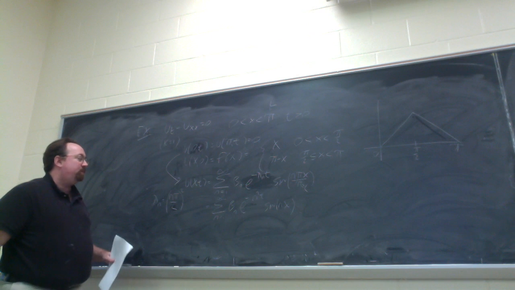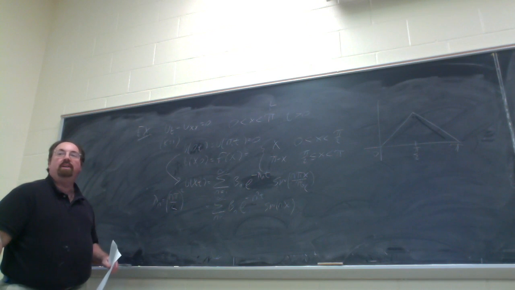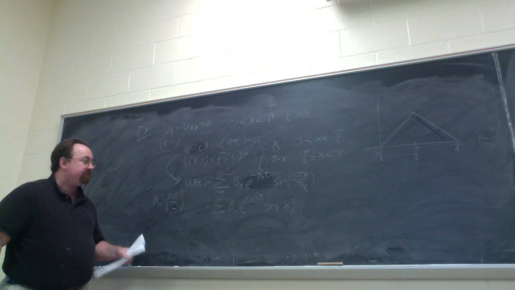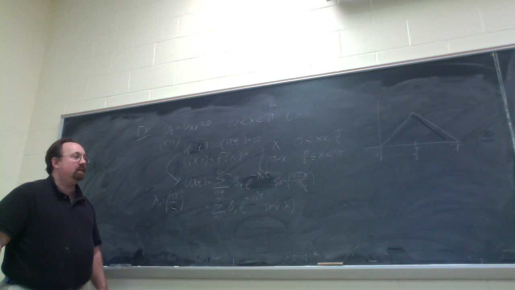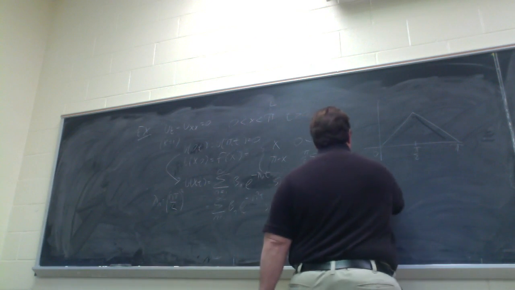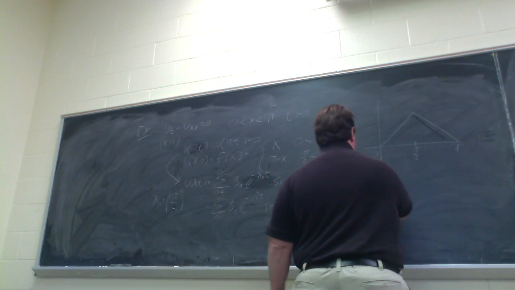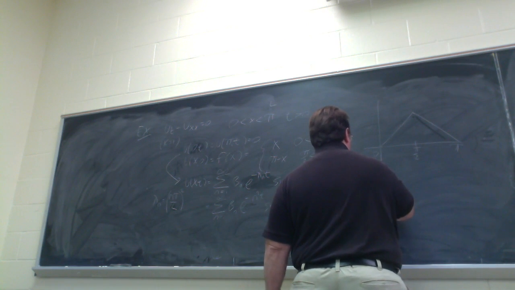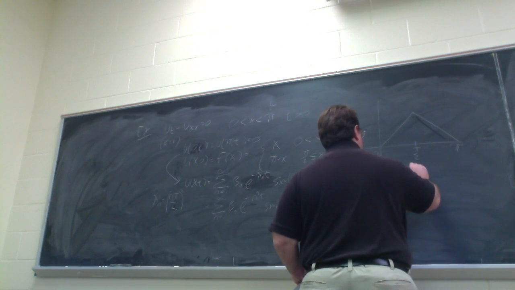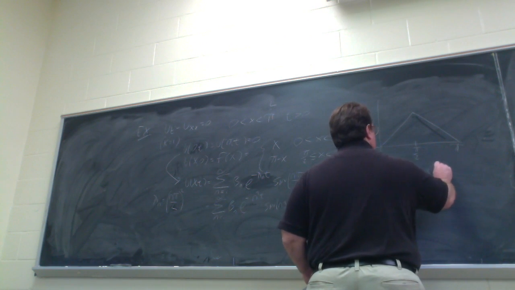All right, so questions about the form of the solution before we go after these constants? Okay. Now, the constants b sub n are given by the formula that has to go over there. So 2 over L, which is pi, times the integral from 0 to pi of our initial data times sine nx.